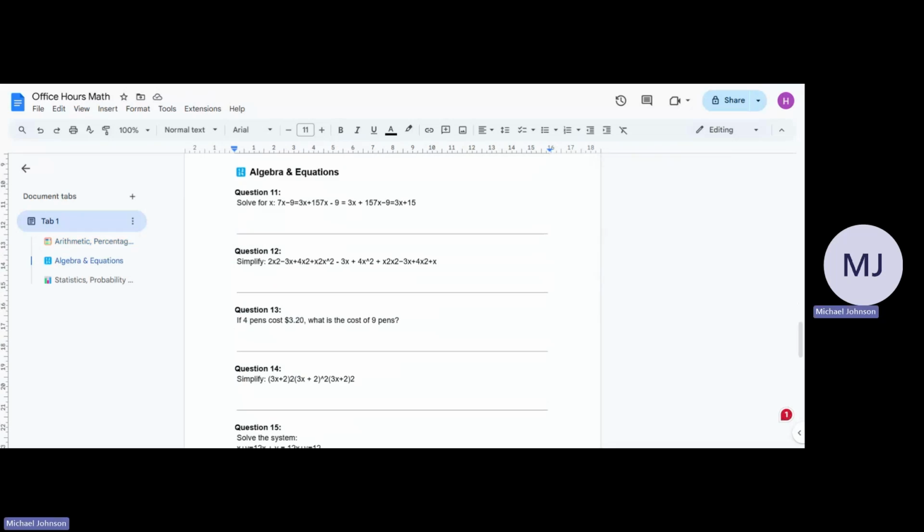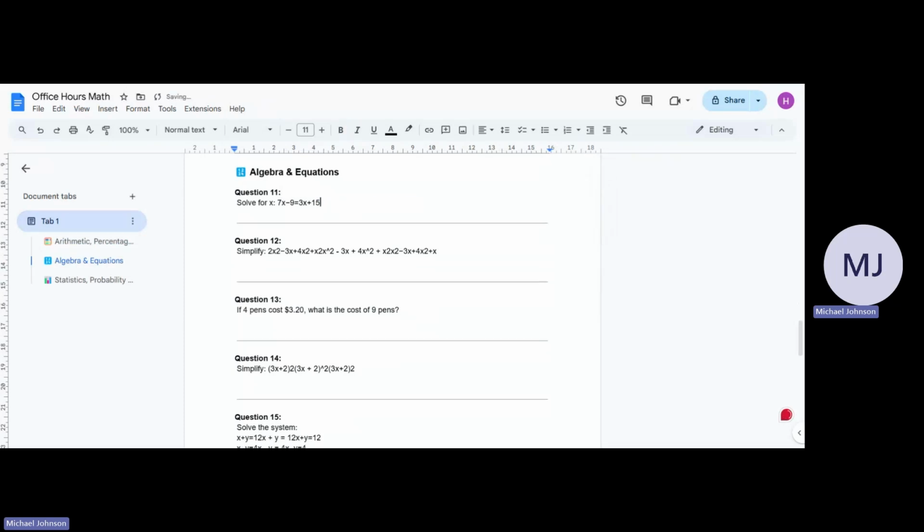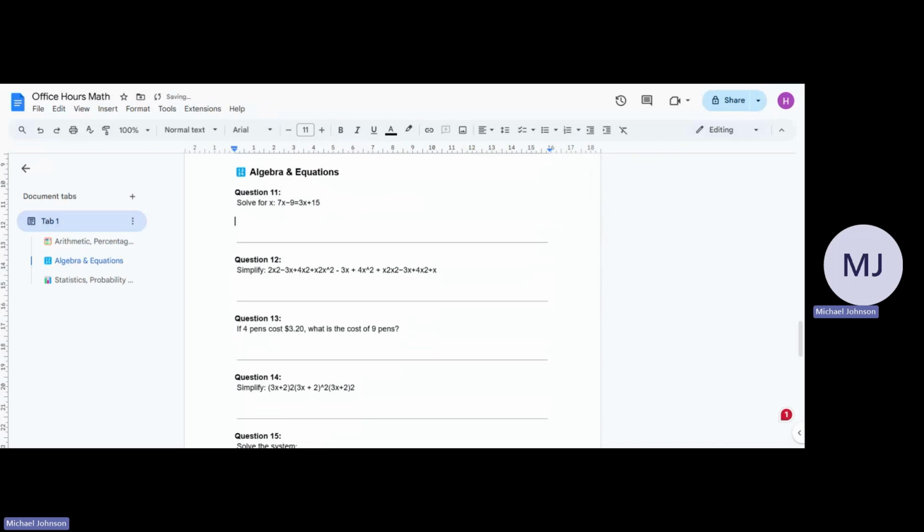And then for the next one here, solve for x for 11. There were some repeats here, so we'll just delete the repeated part. So 7x minus 9 equals 3x plus 15.